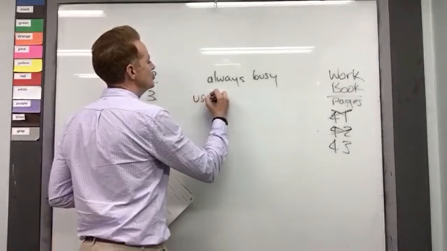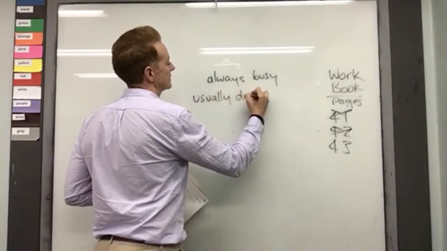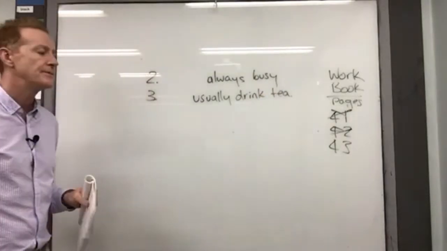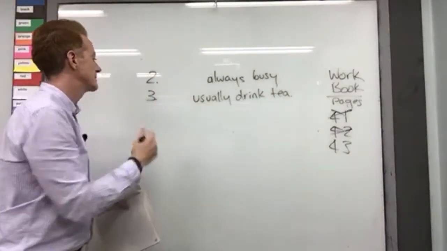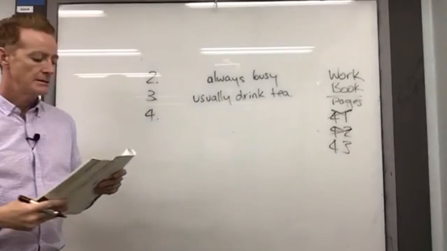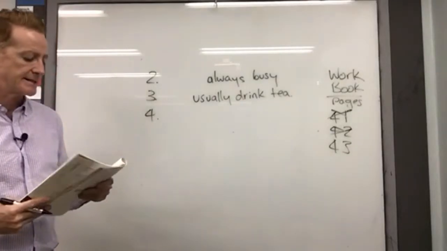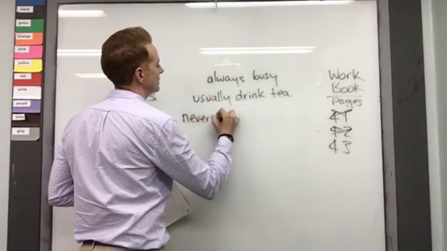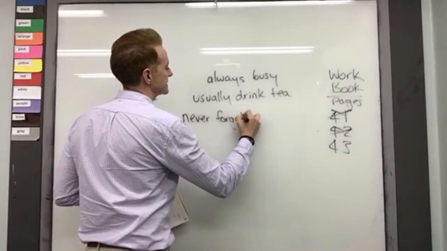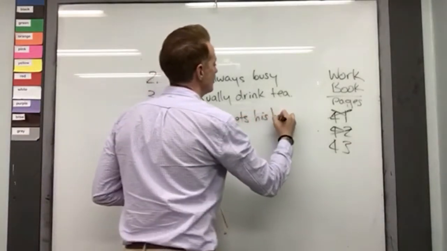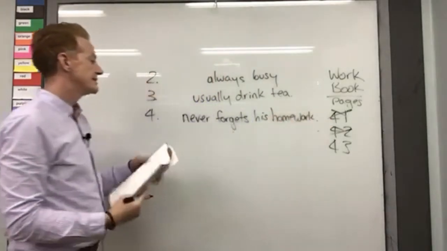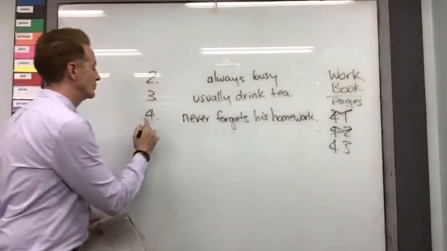They usually drink tea. Number 4, Jason forgets his homework. So Jason never forgets his homework. Jason never forgets his homework.